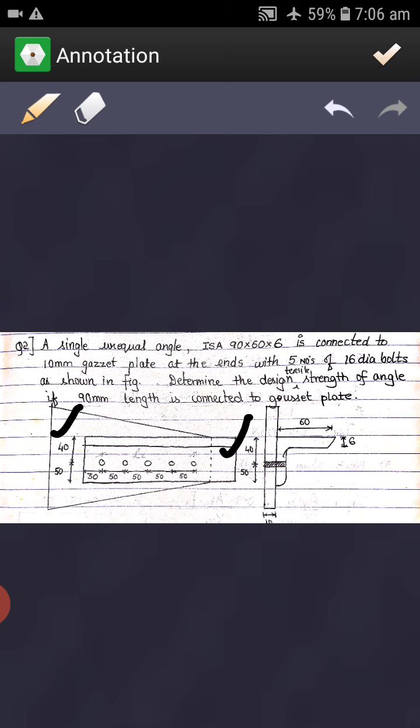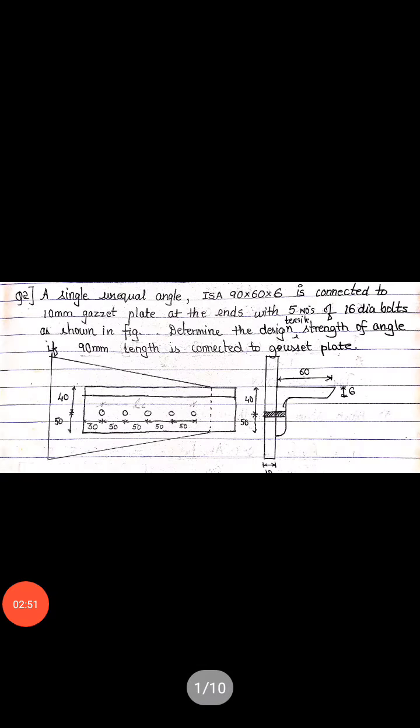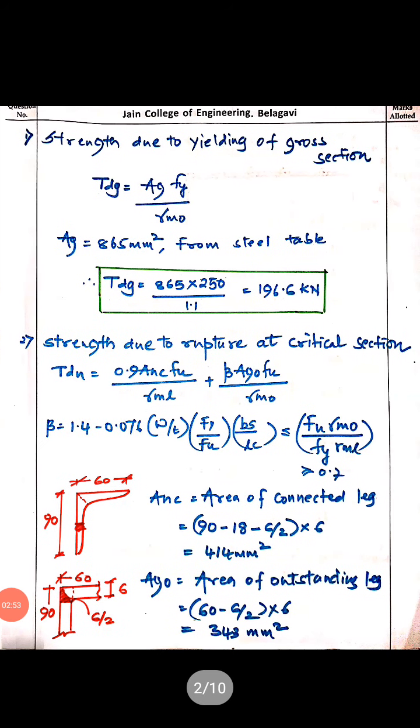They are again 5 number of bolts with a pitch distance of 50 and an edge distance of 30. Out of 90 by 60, the 90 mm leg is connected to the gusset plate. Those things are given. Now we'll calculate one by one.